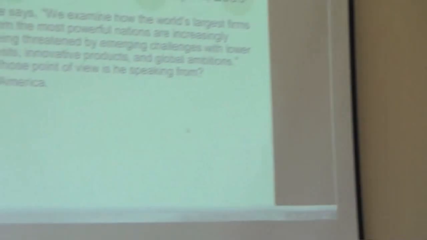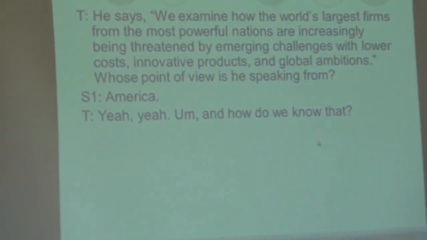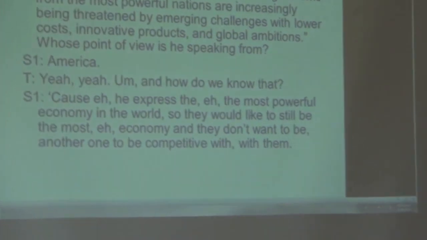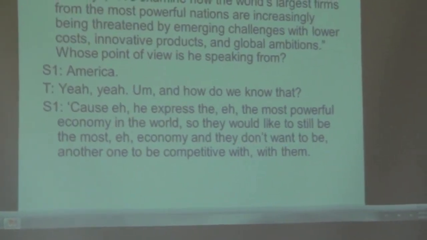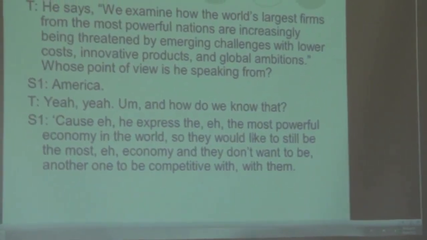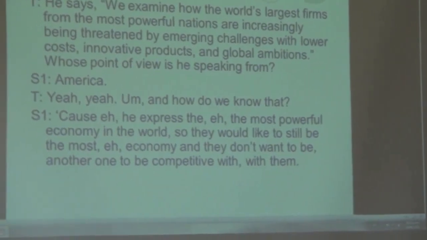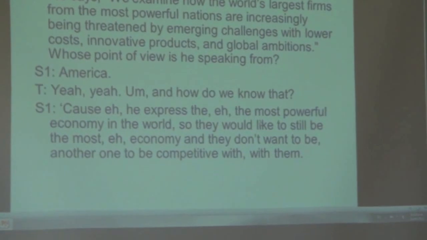The student says America. And the teacher asks, well, how do we know that? And the student says, because he expressed the most powerful economy in the world, so they would like to still be the most powerful economy, and they don't want another one to be competitive with them. And the teacher says, and I think it's interesting that he used the word threaten.